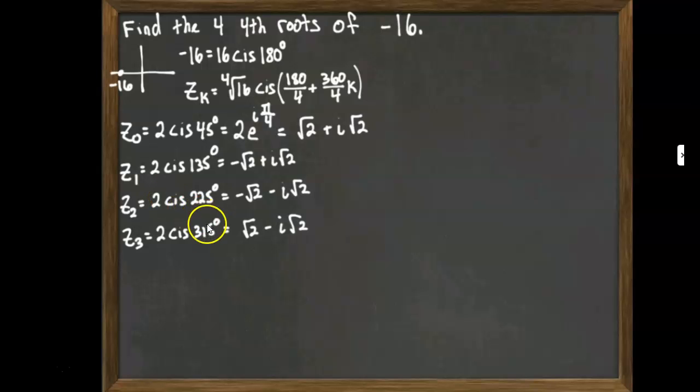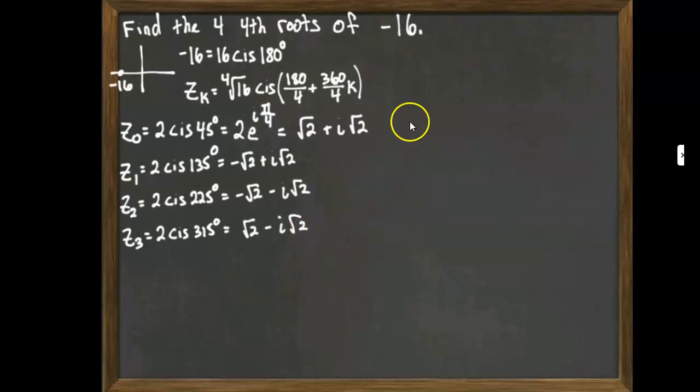If we add another 90 degrees on, we would get 2 CIS 405 degrees. 405 is coterminal with 45, so we would be back around again. So we have our 4 distinct fourth roots of negative 16.